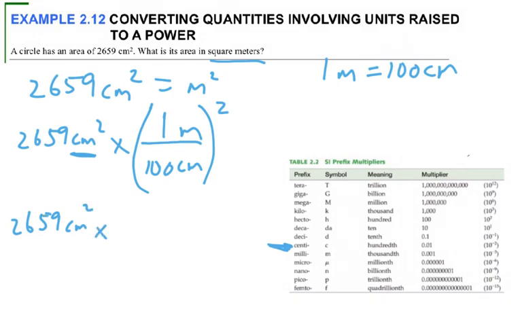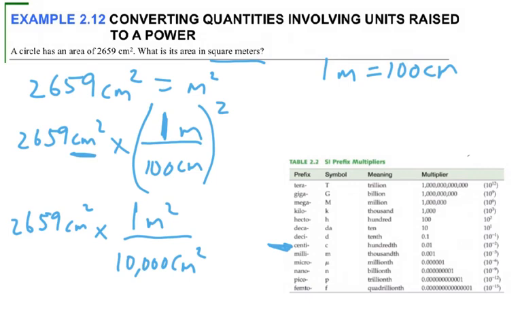I'm going to square the numerator: 1 times 1 is just 1, and a meter times a meter is a meter squared. Now the bottom is 100 times 100, which is 10,000, and a centimeter times a centimeter is a centimeter squared.